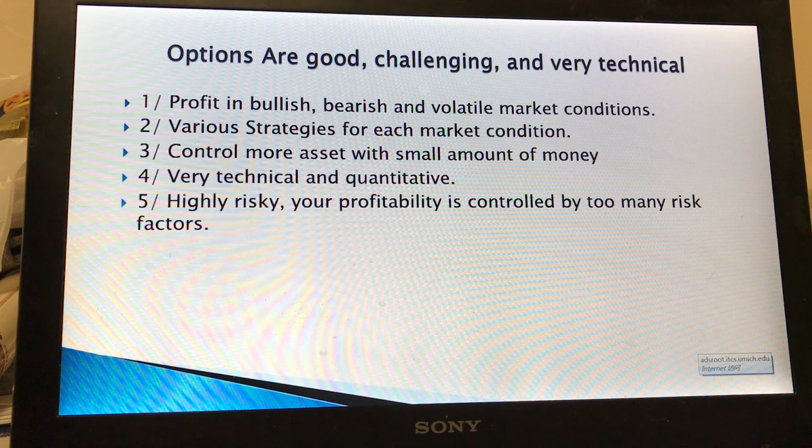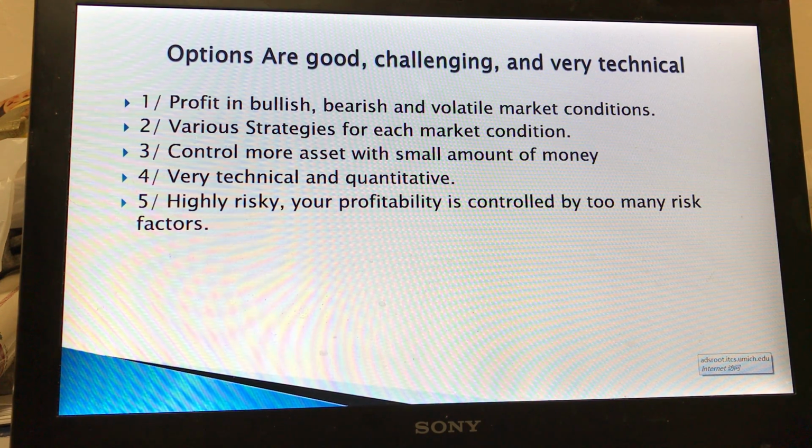It is not simply a kind of gamble to purchase options that are completely composed of time value and volatility premium. Our major goal is to control more assets with a smaller amount of money by applying a linear leverage instead of an uncontrollable nonlinear leverage.